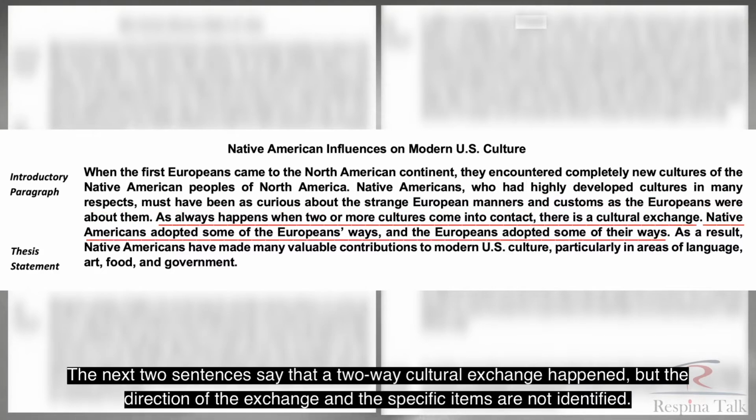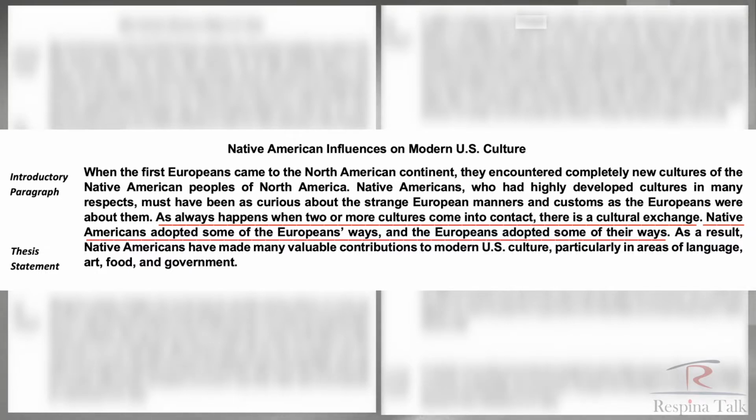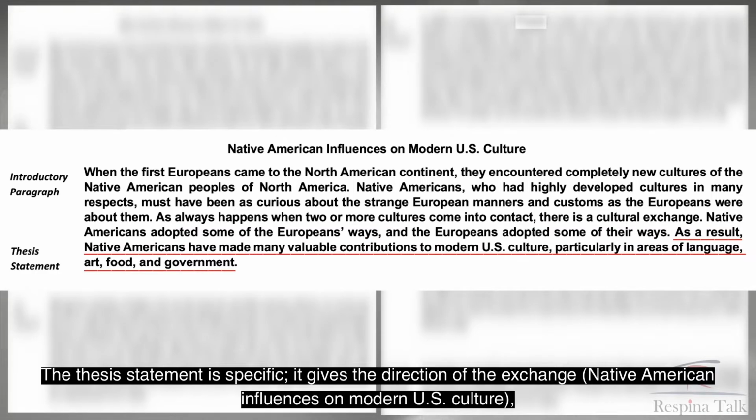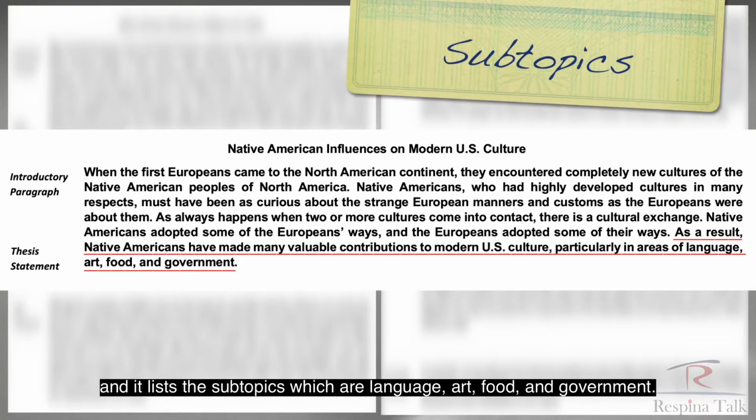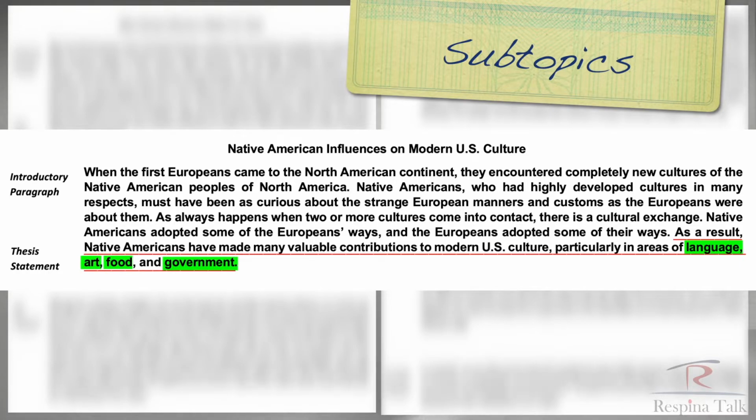The next 2 sentences say that a 2-way cultural exchange happened, but the direction of the exchange and the specific items are not identified. The thesis statement is specific. It gives the direction of the exchange, Native American influences on modern US culture. And it lists the subtopics, which are language, art, food, and government.